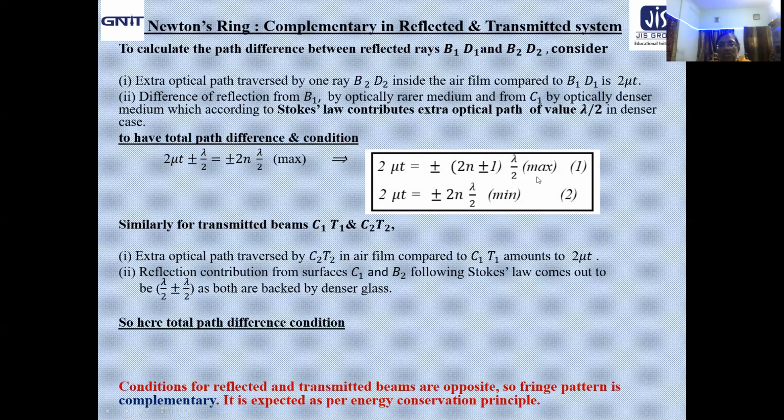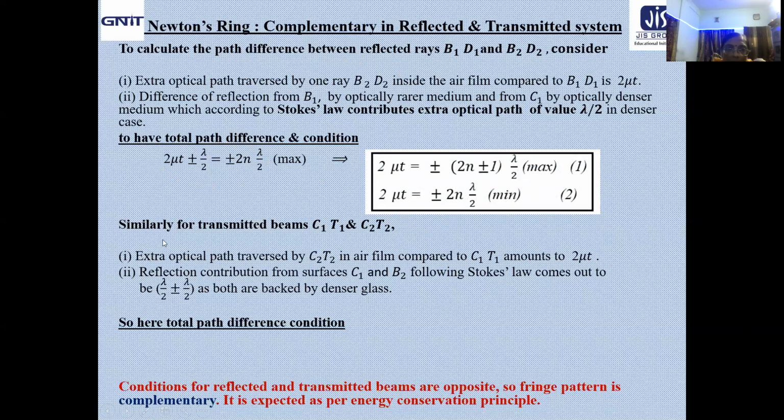So the condition for maximum is twice mu T equal to 2n plus minus 1 lambda by 2 in the reflected system. Similarly, the condition for minimum will be twice mu T equal to plus minus 2n lambda by 2.